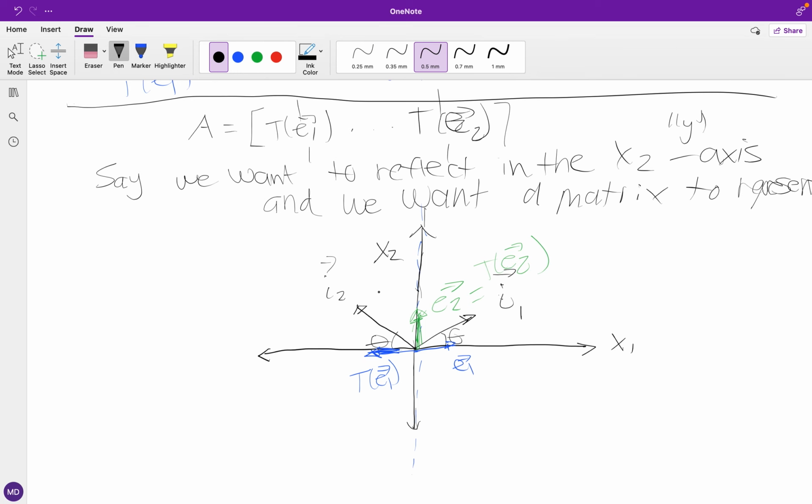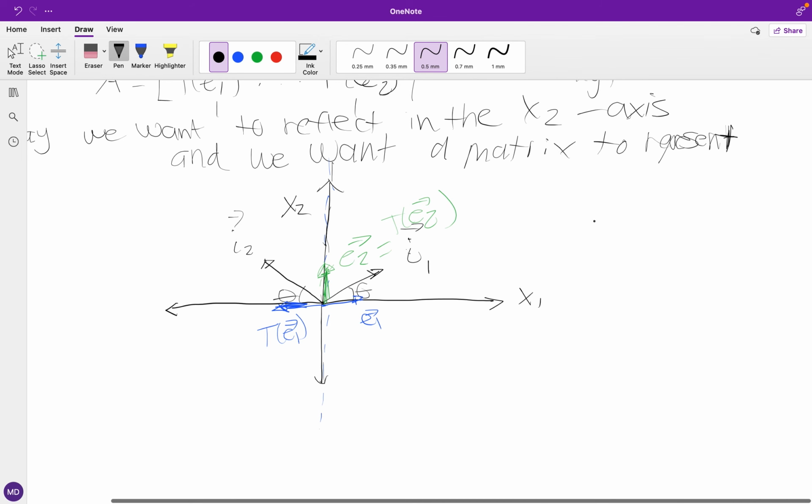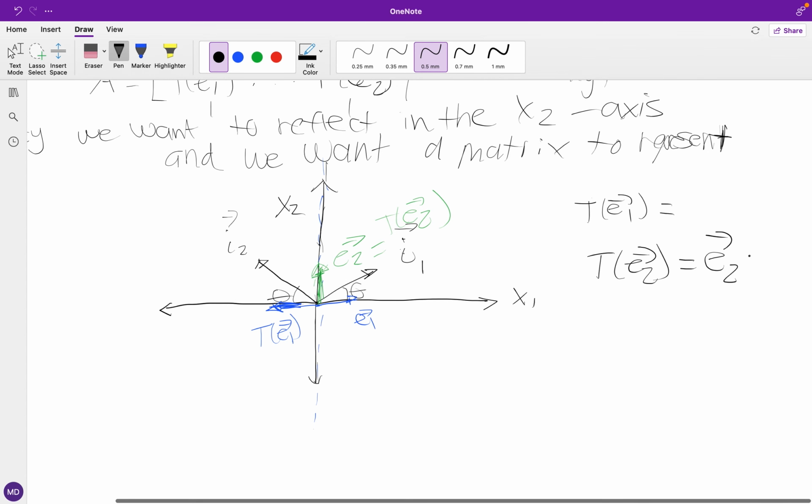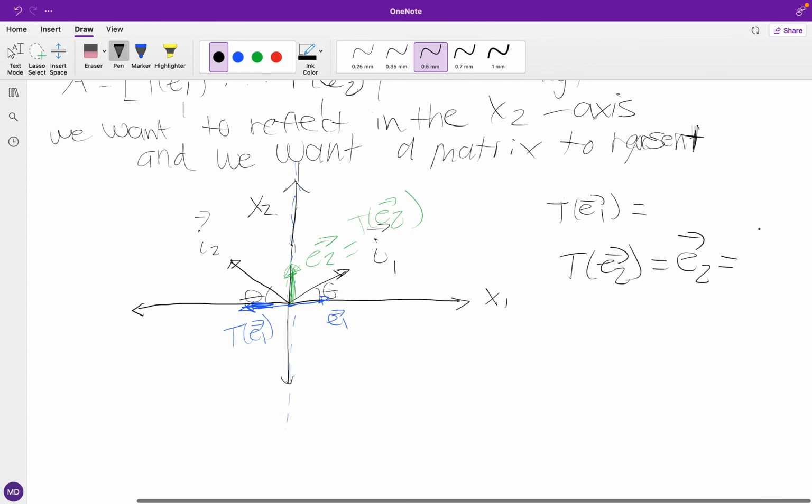So if that's the case, then this means that T of E2 is equal to E2 because it did not change when reflected around the y-axis. So T of E2 is equal to the vector 0, 1, whereas E1 started off as 1, 0, but by reflecting in the y-axis, the x-coordinate becomes negative.